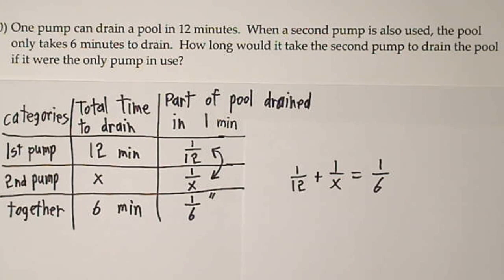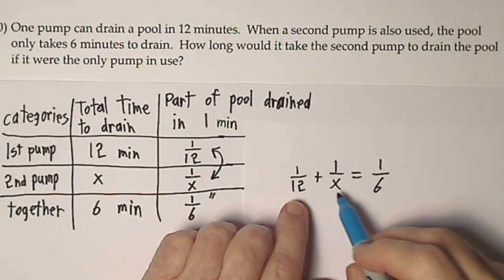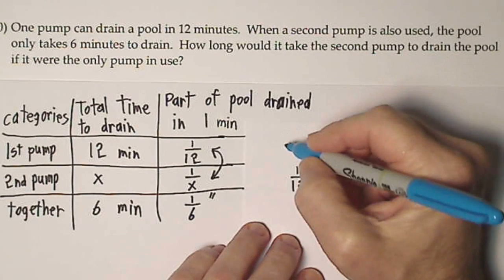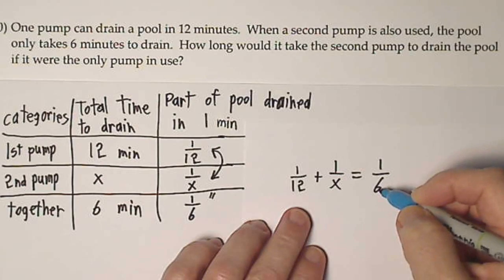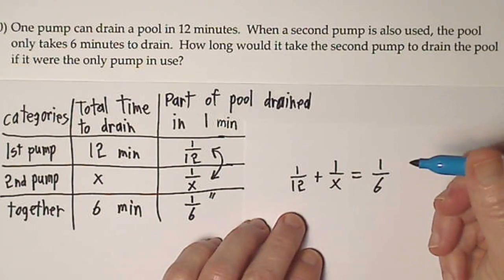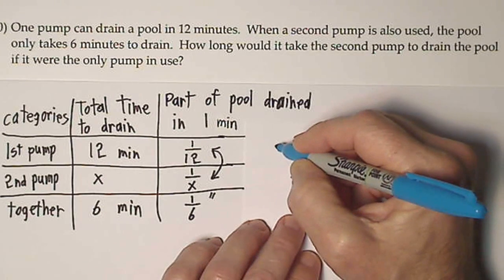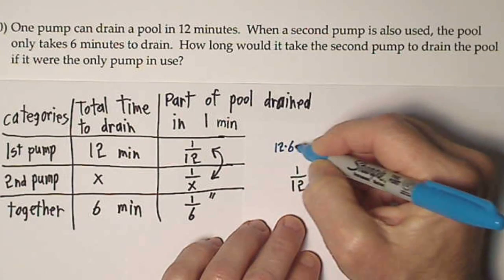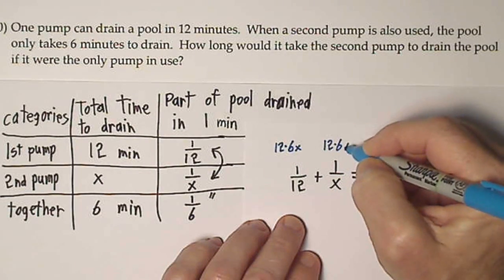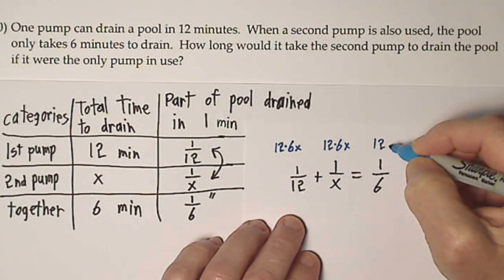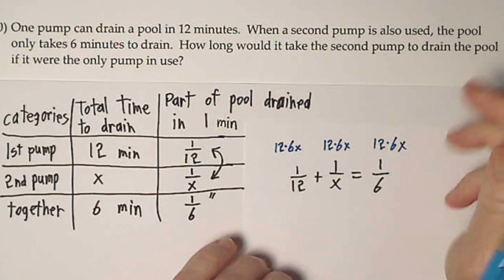And we'll clear it of fractions the way we've been doing. Multiply each term by the product of all the denominators. If I write 12 times x times 6, that starts looking like a multiplication sign. So I'm going to put 12 times 6 times x, 12 times 6 times x, and 12 times 6 times x.